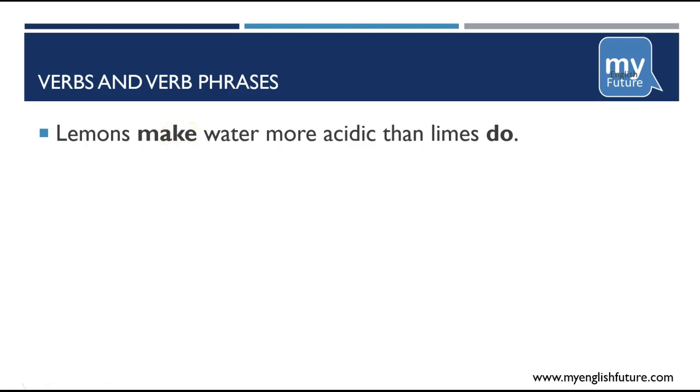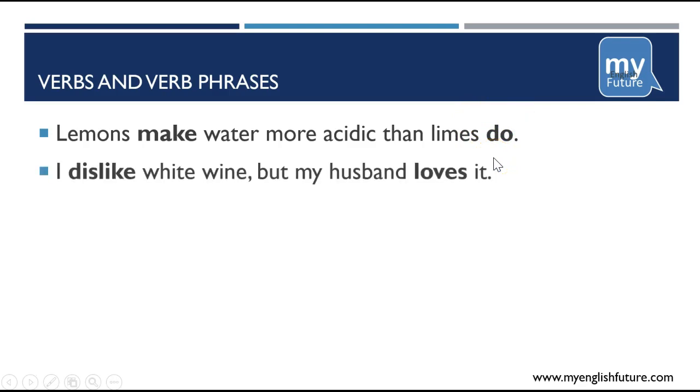A good English writer will only repeat the auxiliary verb do. I dislike white wine, but my husband loves it. The focus is on the verb about liking or loving or not liking. So dislike and then loves have the same structure.